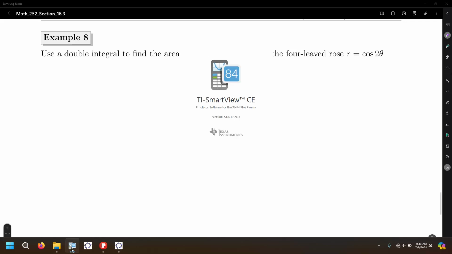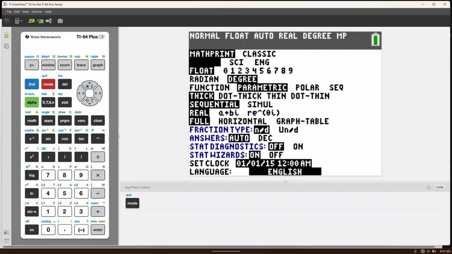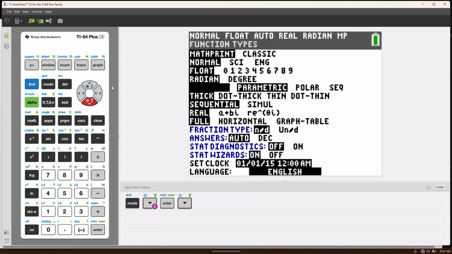to graph this function. Let me show you how we're going to graph it. Let's make sure our graphing calculator is in polar mode. Number one, it's in radian mode, and it's also in function parametric. Let me go all the way to polar. Okay, second quit.